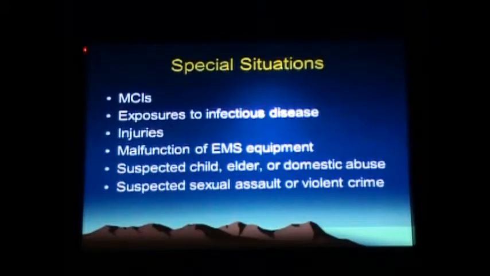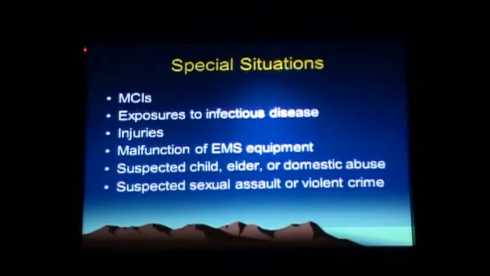So again, if you can take some of those things out of the charting and put it into an occurrence report, like an altercation on scene with family members, maybe an abusive situation, again, obviously document the demeanor of those people involved accurately, but you may want to do an occurrence report on the side as well. Again, EMS equipment, FDA reporting is special for that.